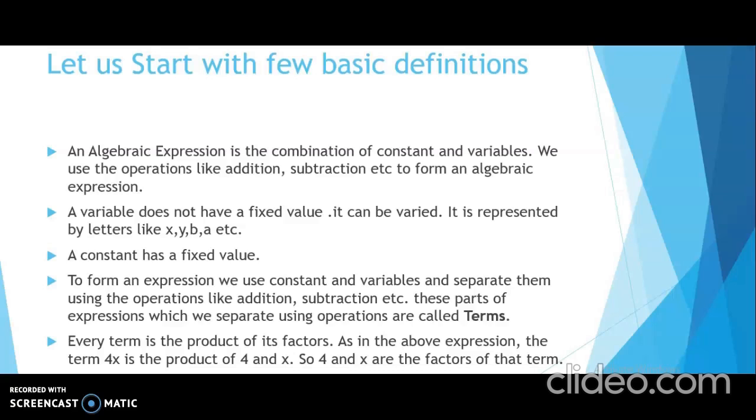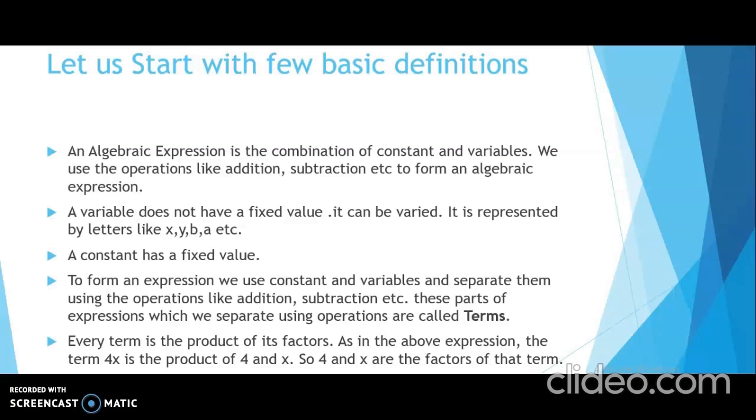So they have told a combination of constants and variables. So let us take 4xy using operations. Okay, 4xy plus 3ab, 4xy plus 3ab. So, what is the variable here?